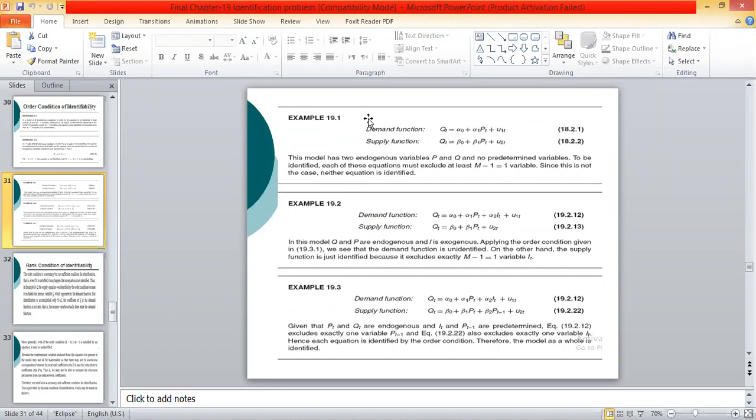The best way to examine the identification is to write down the available information first, and then on the basis of that information you can make the analysis, and it will make things much easier. So there are two endogenous variables. It means capital M is equal to 2.